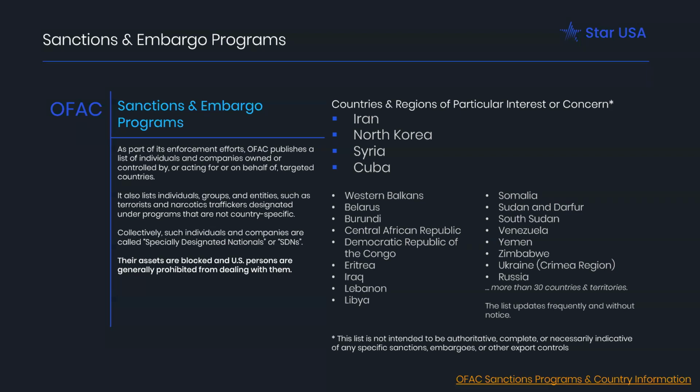On the right-hand side, we have some countries or regions of particular interest or concern, with the caveat that this is not an authoritative or comprehensive list, and it's not indicative of any specific sanctions or embargoes. A lot of the sanctions and embargoes that are in place are on specific sectors within those countries. Those sectors can be geographic, they can be based on industry, they can be based on certain types of transactions or how they're conducted.